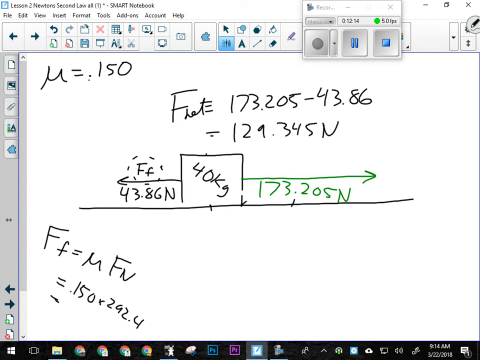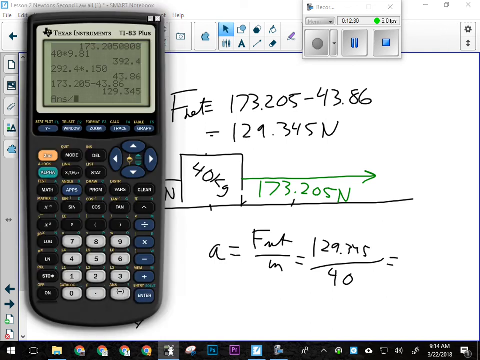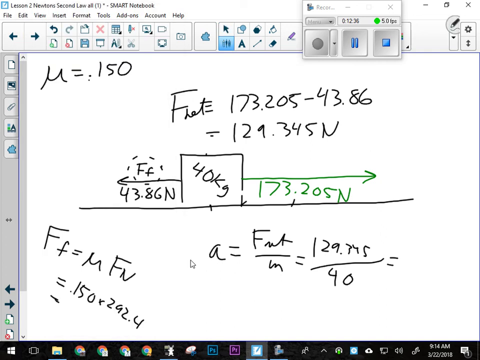Can I now find the acceleration of the object? Yes. I can find acceleration by going F net divided by mass. So 129.345 divided by 40 kilograms. So this thing's accelerating at 3.2 meters per second squared forwards.